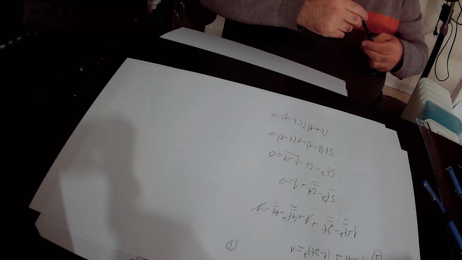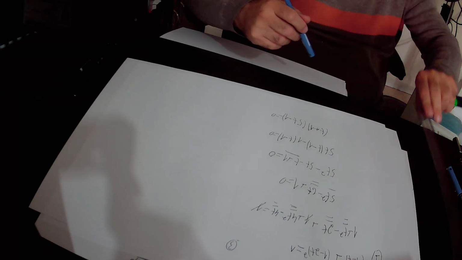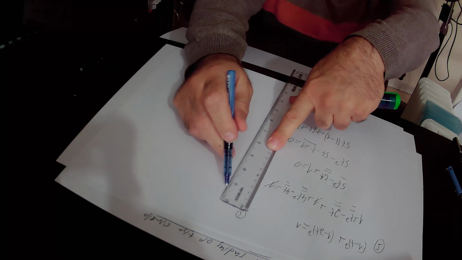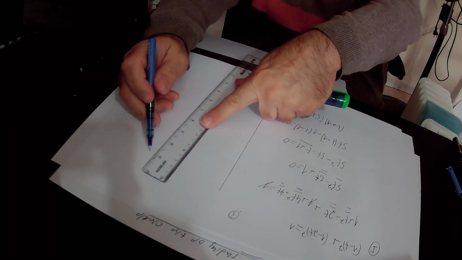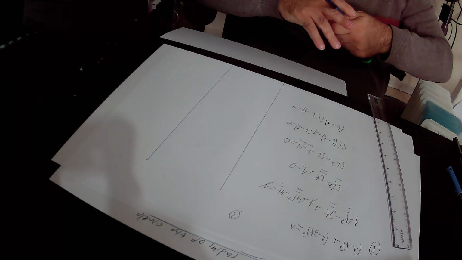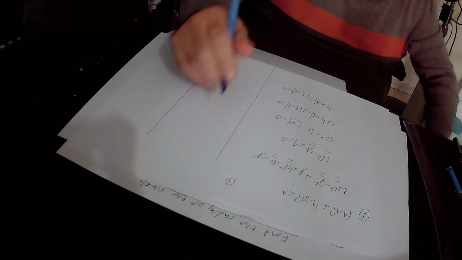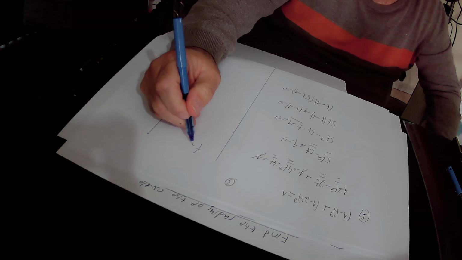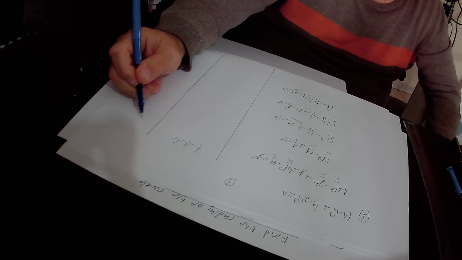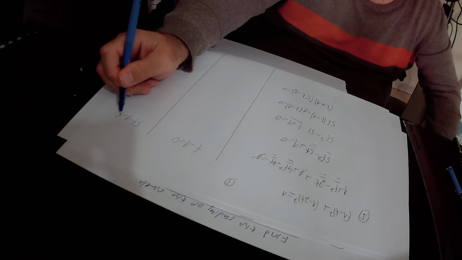So we have two options here. The first option is that either t minus 1 equals 0 or 5t minus 1 equals 0.